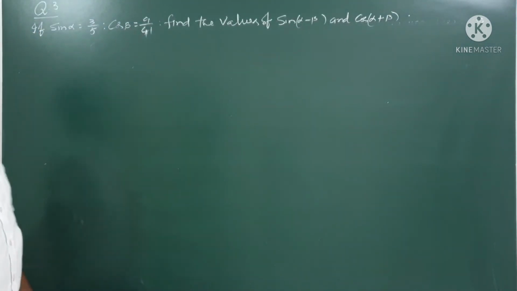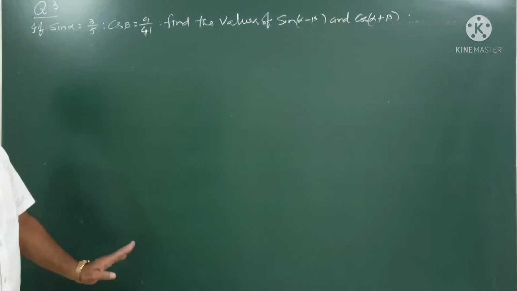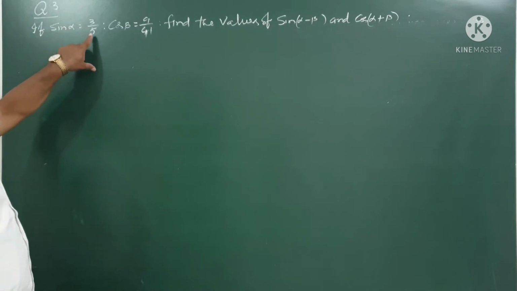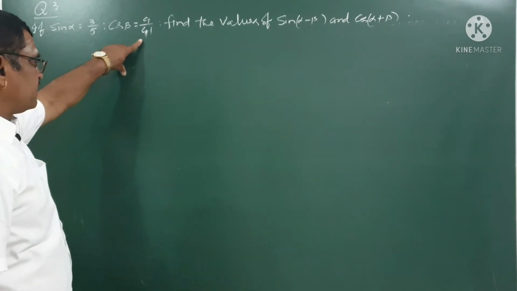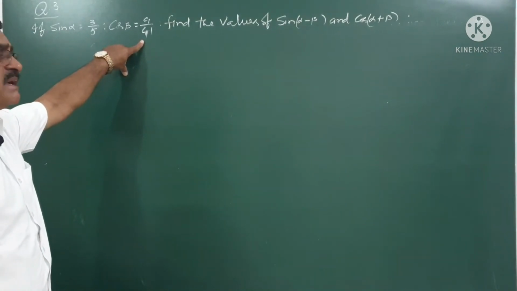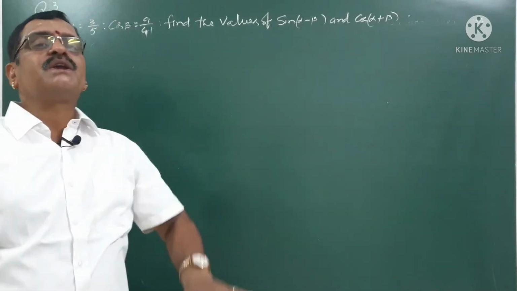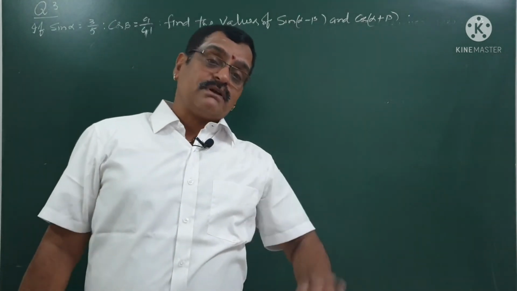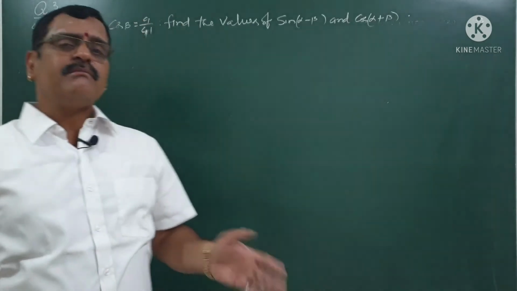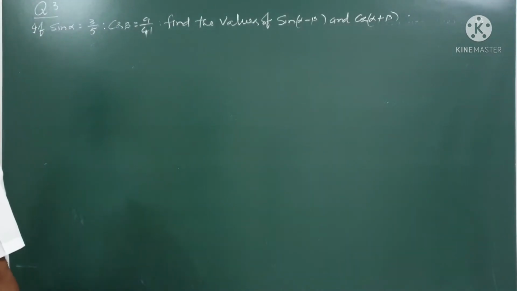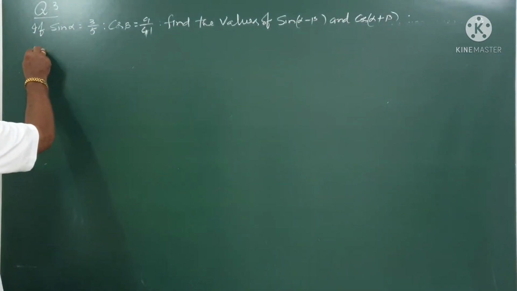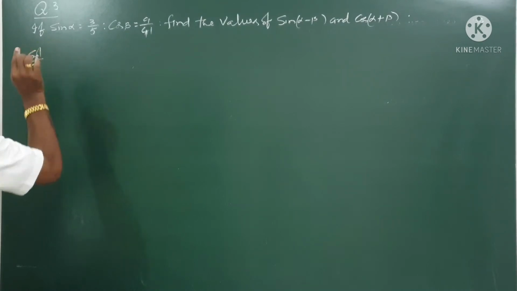Yeah. Sin alpha is 3 by 5, cos beta is 9 by 41. And I assume that since sin alpha is positive and cos beta is also positive, alpha and beta are acute angles. Of course, the proof holds at any time, but I assume that. So in this case, what to do? My technique is very simple.